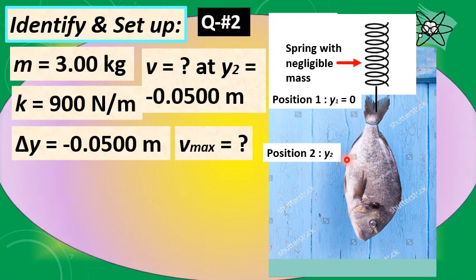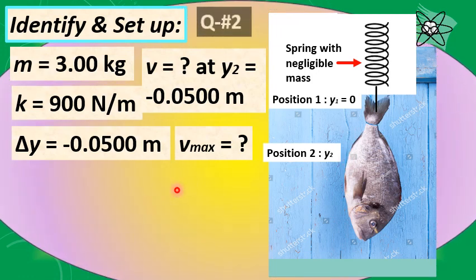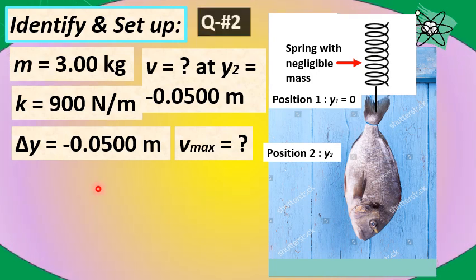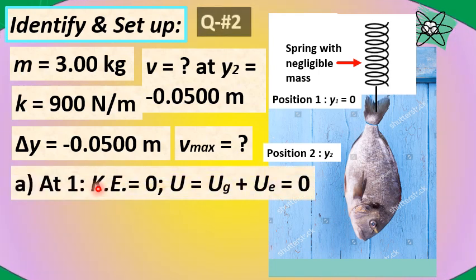Now, in answering both questions A and B, we must realize that at position 1, the fish is at rest. So its initial kinetic energy, of course, is equal to 0.